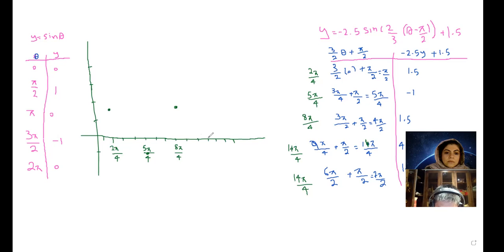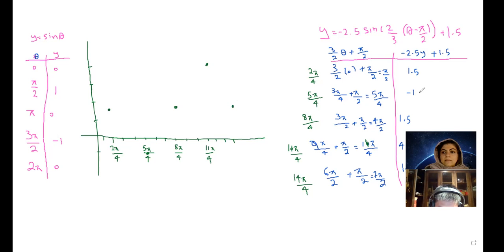Is here, which is 4, right? There. This is 11 pi over 4. And then 7 pi over 2. Oh, sorry, 14 pi over 2. So it's is 1.5 again.